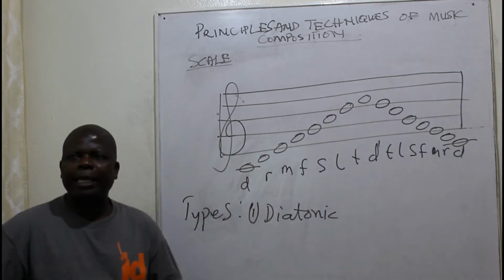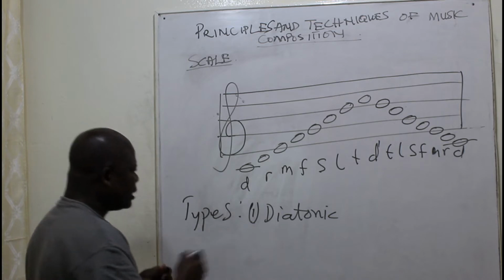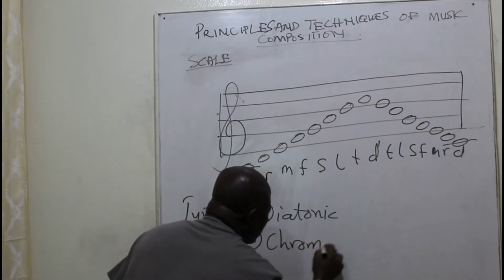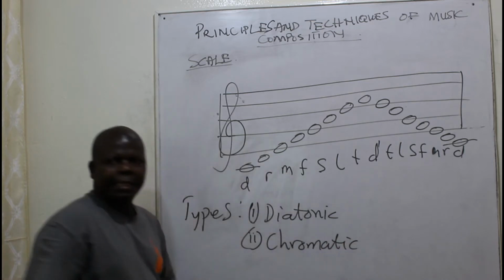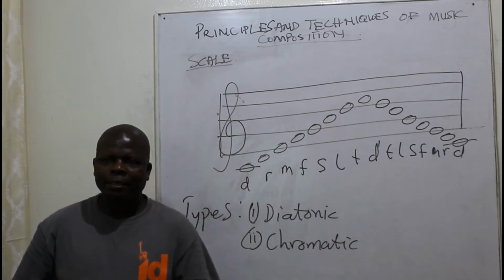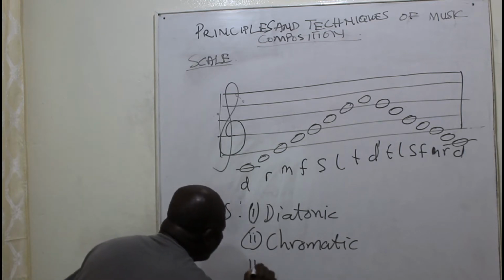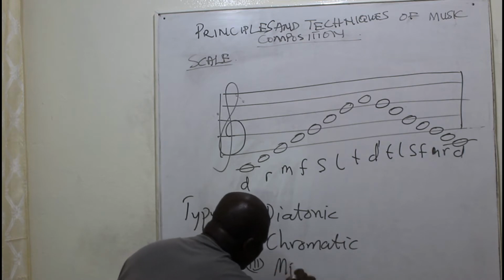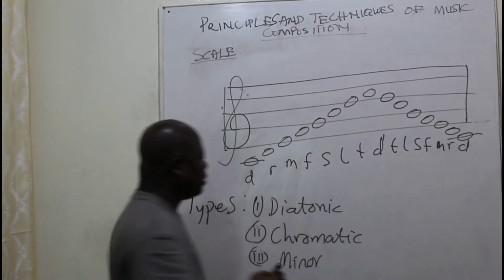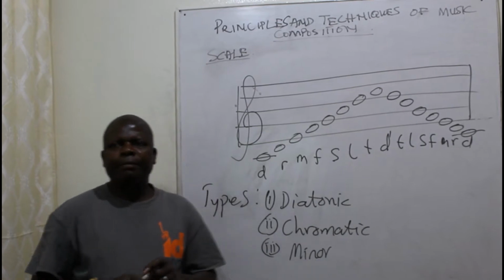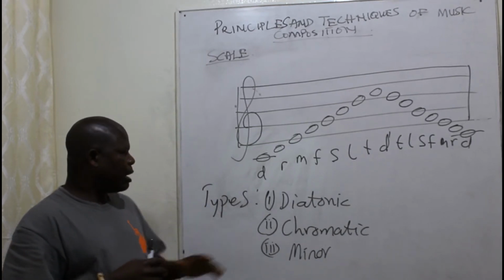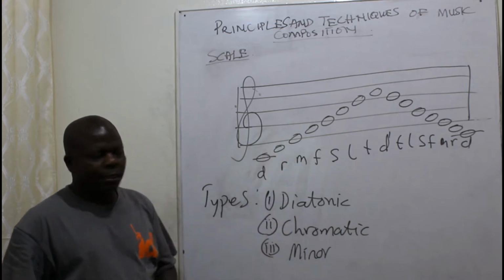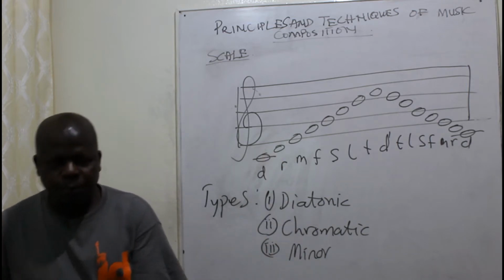The second one is called the chromatic scale. And the third one is the minor scale. These are the three types of scale that we are going to talk about. Now we move on.